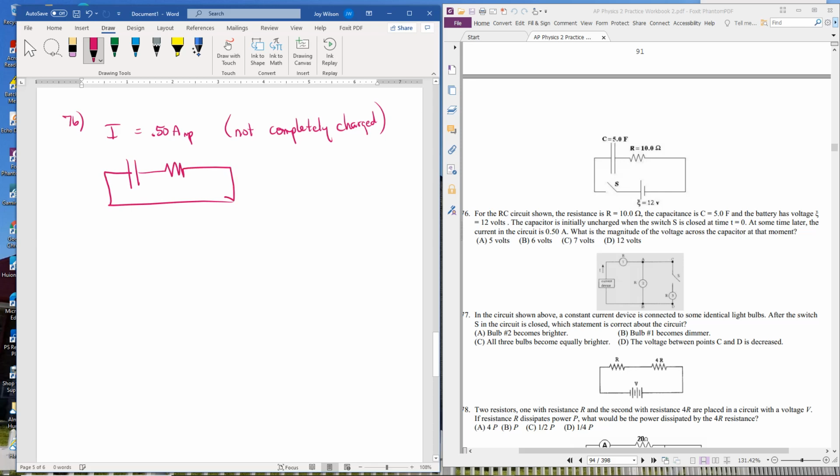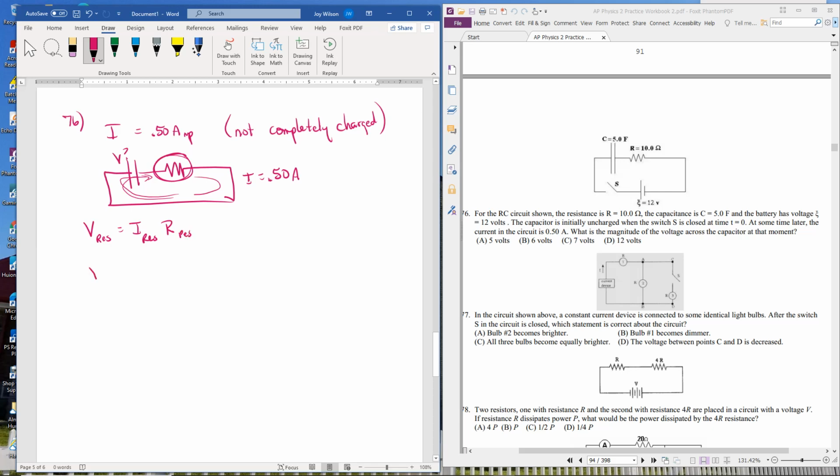I've got a current of 0.50 amps. What is the voltage here? Well, this is an easy problem if you remember that this is still charging. So if it's still charging, this is kind of acting like a wire with some voltage. But then we've got this piece. And voltage on the resistor is current on the resistor times resistance of the resistor.